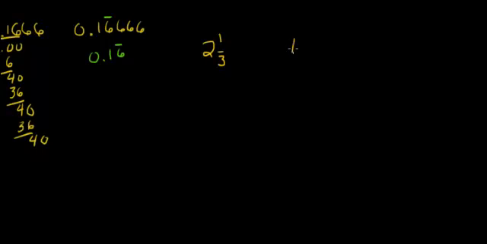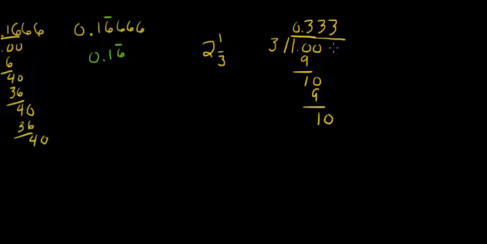So we're going to take 1, and we're going to divide it by 3. 3 goes into 1 0 times. 3 goes into 10 3 times. 3 goes into 10 3 times again. And you can see again we're going to be in this repeating pattern of always repeating 3's.